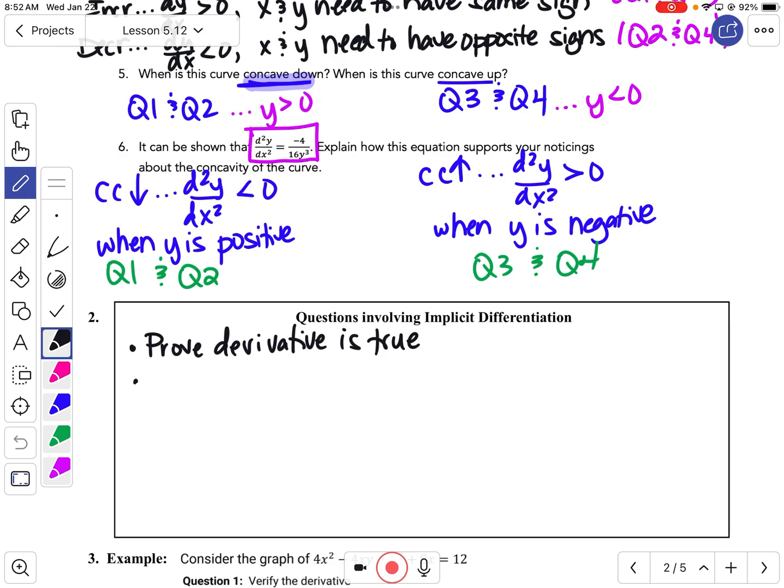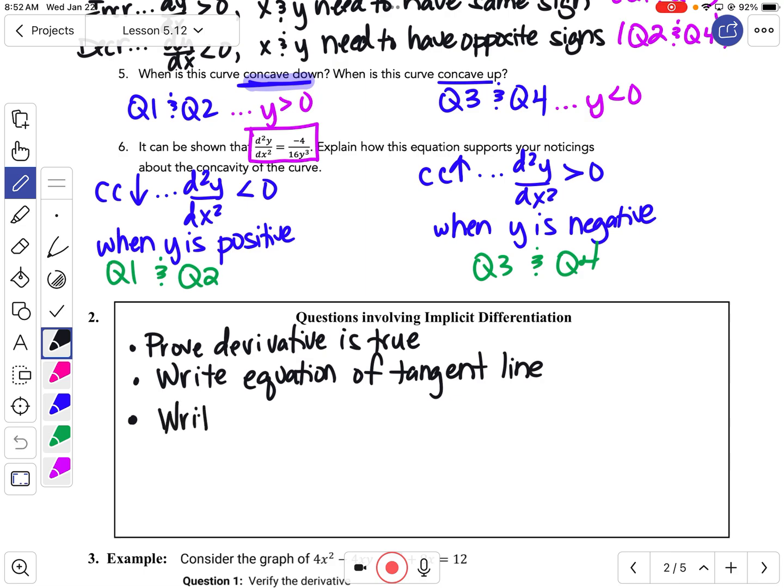They might ask me to write an equation of a tangent line, again, what we did in Unit 3. They might ask me to write equations of vertical and horizontal asymptotes, and we're going to talk about that here in a second.